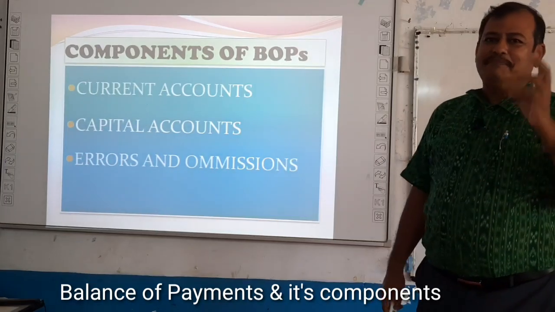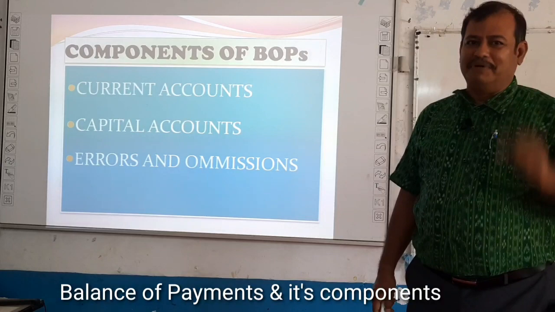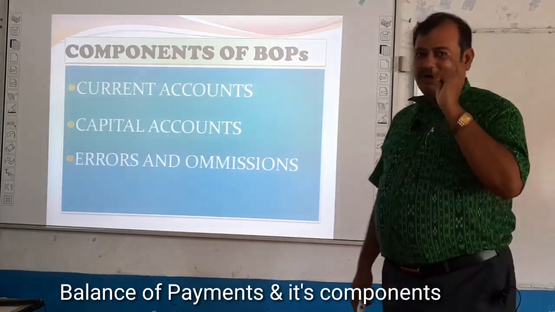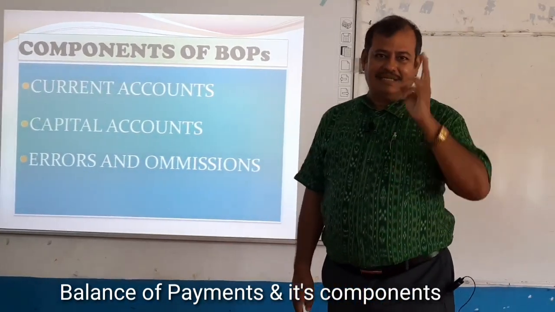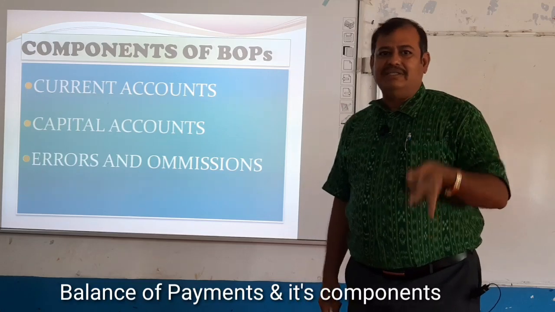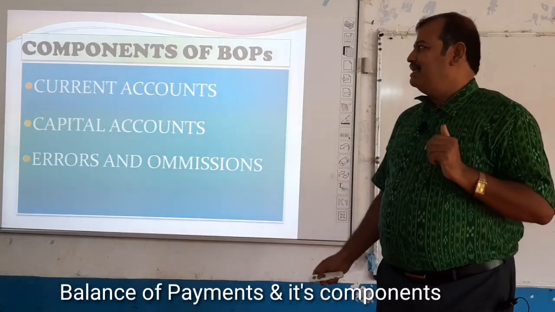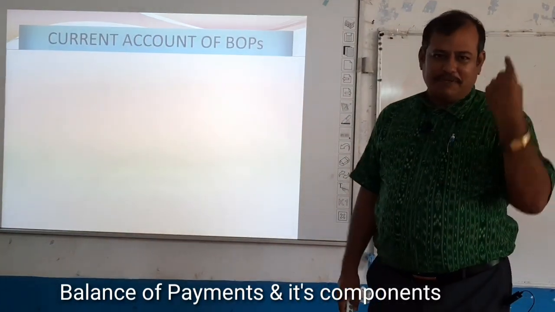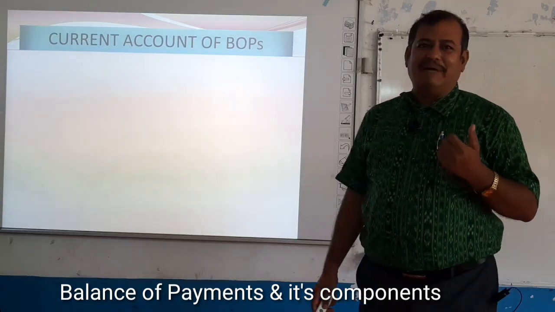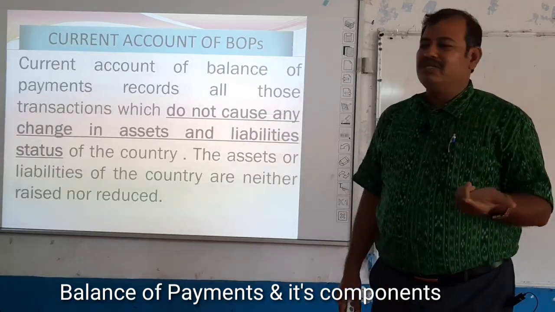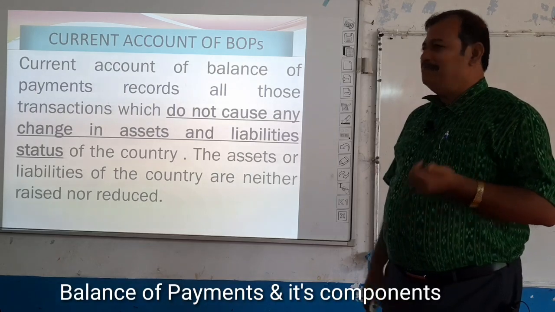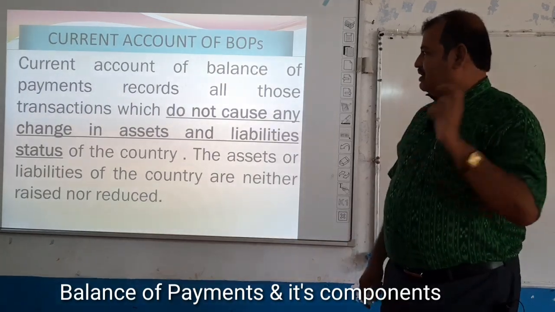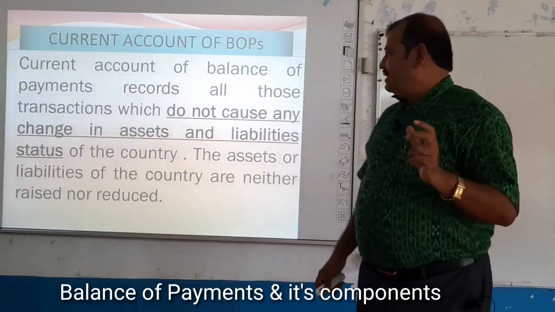Now, the components of the balance of payments. It has mainly 3 components: the current account, the capital account, and errors and omissions. Let us discuss point number 1, the current account of the balance of payments.